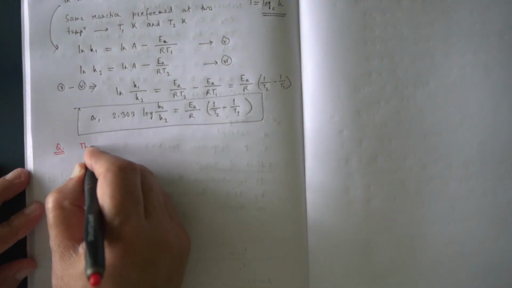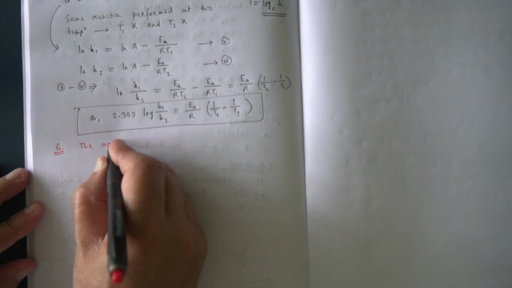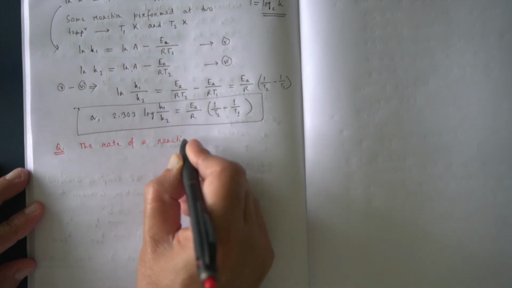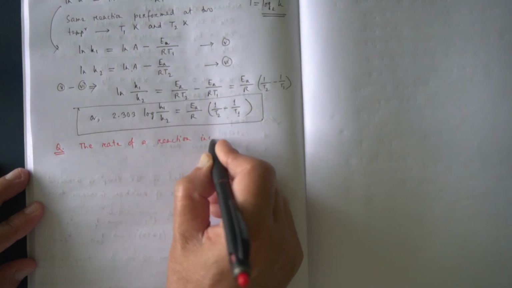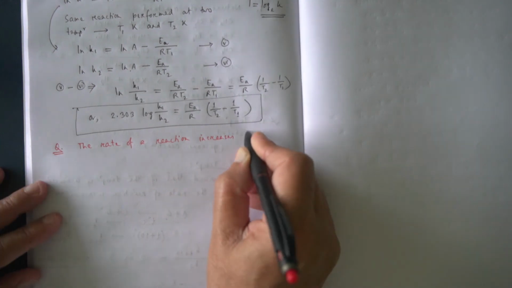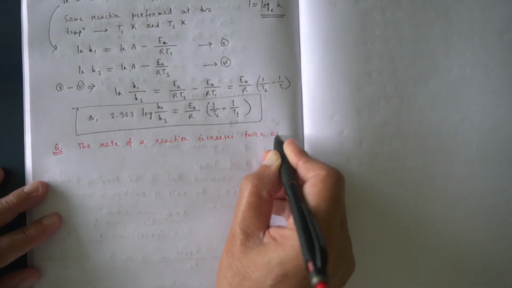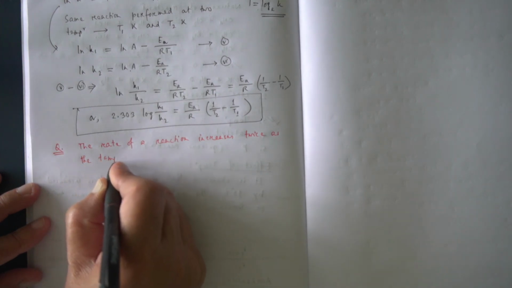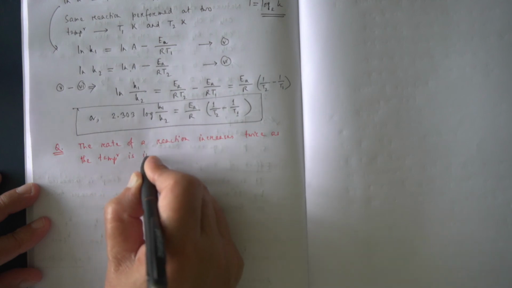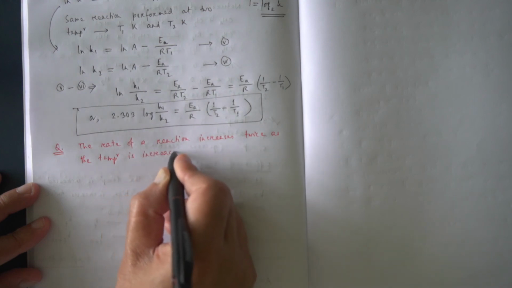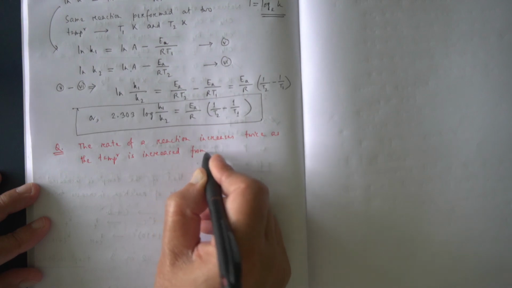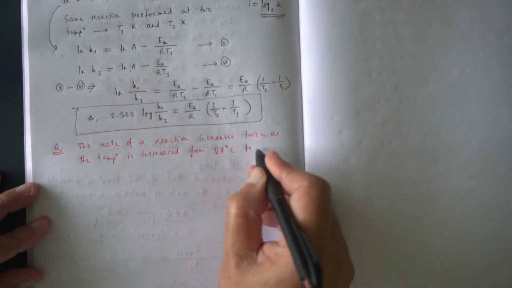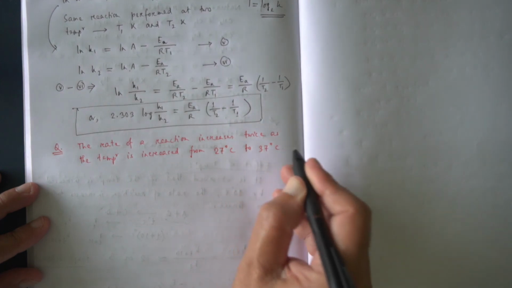The rate of a reaction increases twice as the temperature is increased from 27 degrees Celsius to 37 degrees Celsius.